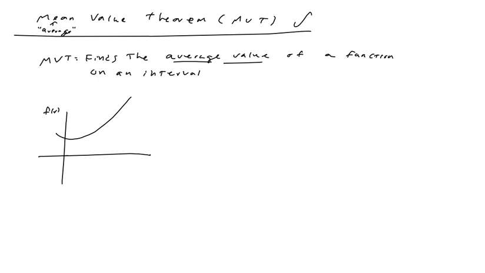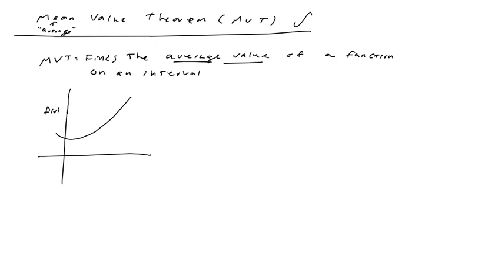We have a low point down here, and a high point. There are various amounts of this function: it goes up here, then it goes down, then it goes up real high. So the question is, what is the average value of this function?